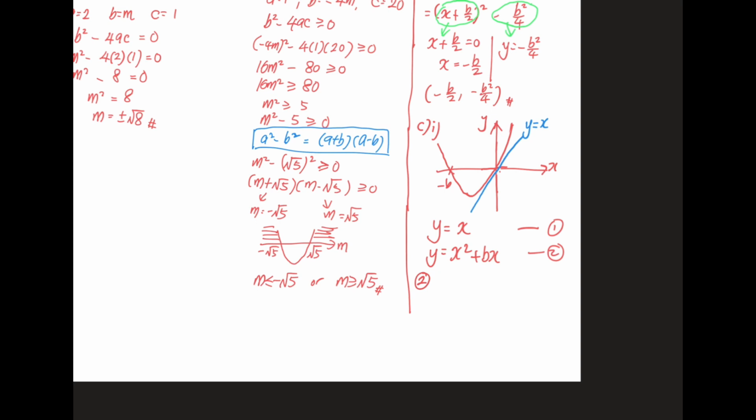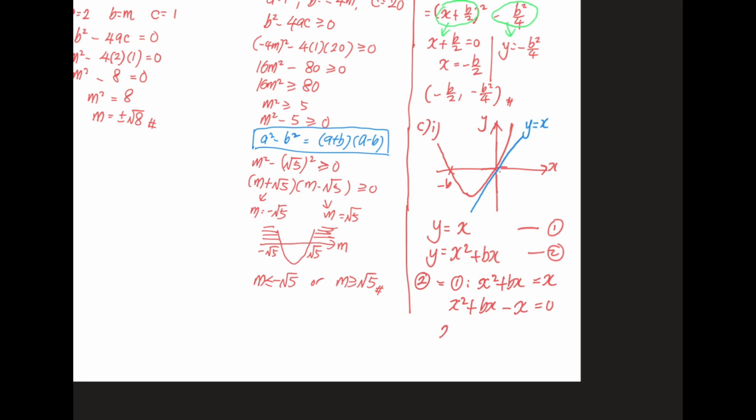Let's say I use 2 equal to 1. Then I have x squared plus bx equal to x. Then x squared plus bx minus x equal to 0.